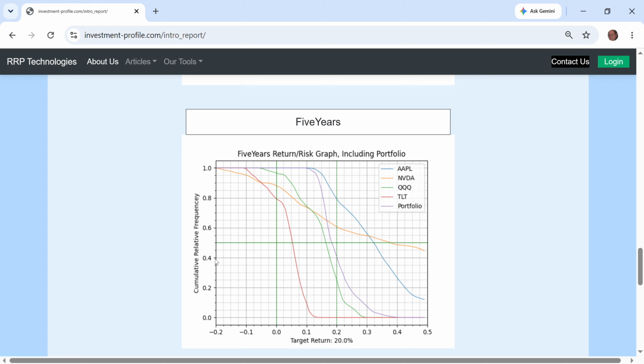So that's what I meant when I said it's more difficult to achieve 20% for a portfolio that you're holding for 5 years, and you expect to get 20% for each of those 5 years. Essentially, the optimizer had to choose a more risky portfolio, and that means the probability of achieving 20% is lower than it was in the case of a 1-year portfolio.